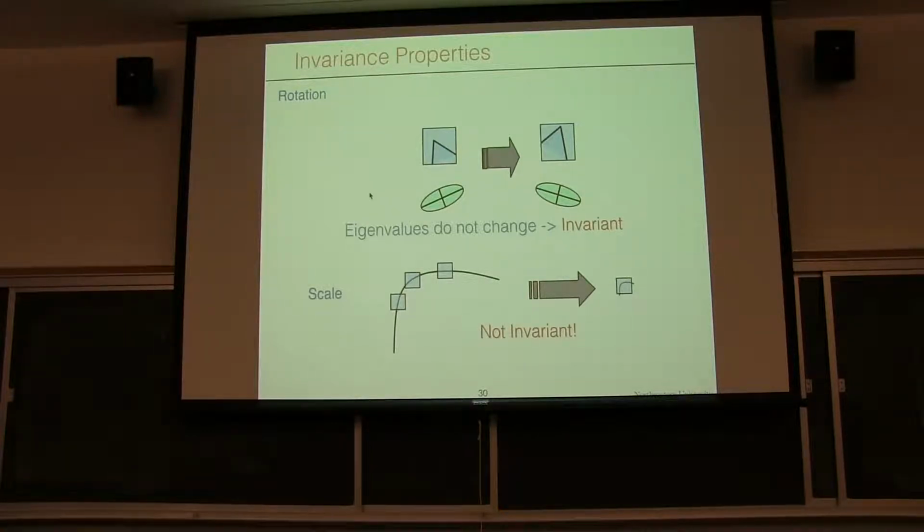The whole point of making the matrix diagonal was to take care of that. So that means that if I rotate my image, I should still be able to find corners. You agree with me?